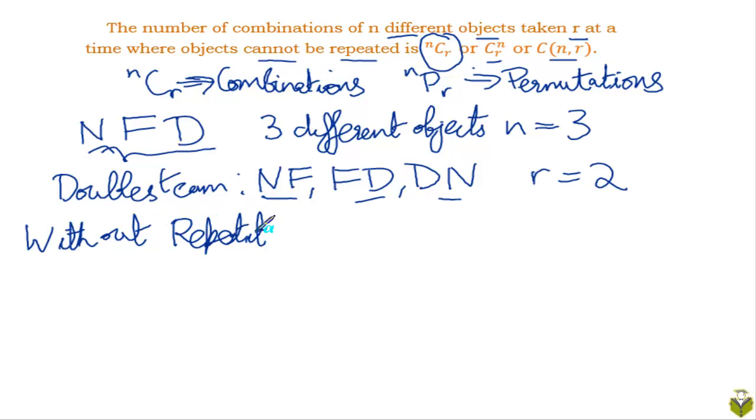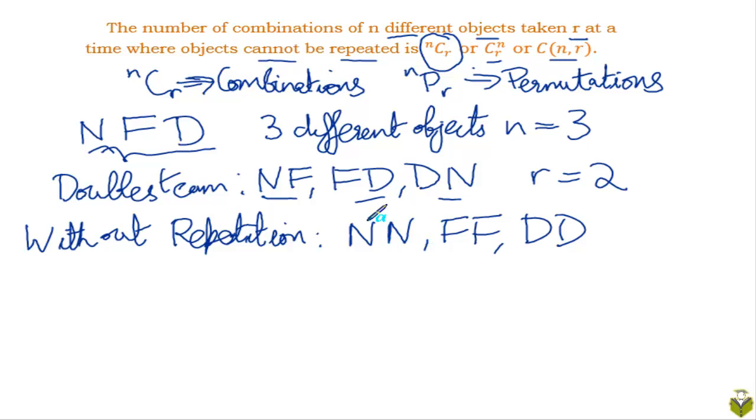That means teams like Nadal-Nadal, Federer-Federer, or Djokovic-Djokovic, where the same person is repeated, are not possible. That's why this particular notation is only for combinations of n different objects taken r at a time, where these objects cannot be repeated.